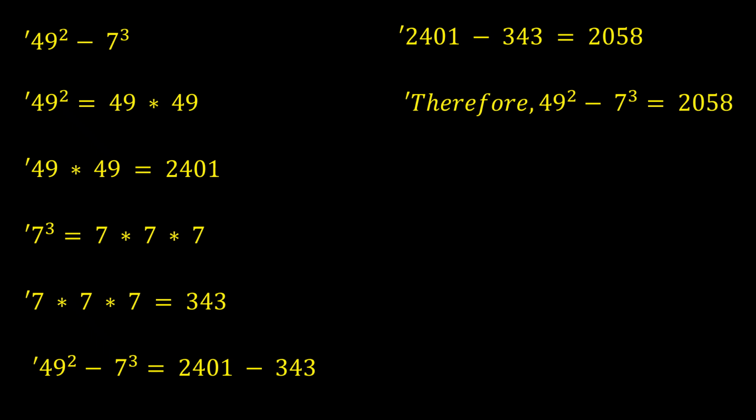Therefore, 49 squared minus 7 cubed equals 2,058. The final answer is 2,058.